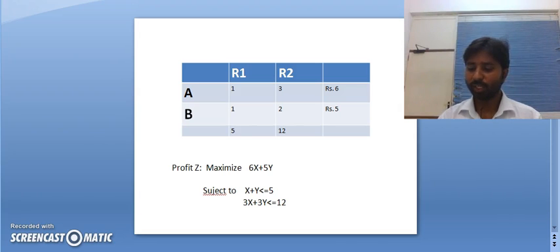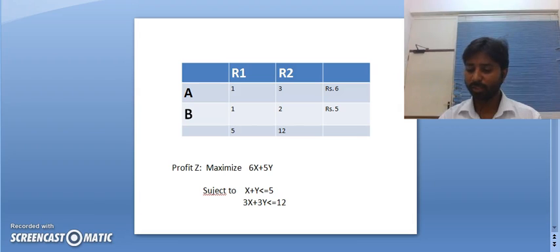Since each unit of A requires 1 unit of R1 and each unit of B requires 1 unit of R1, the total amount of R1 required is x plus y. What is available is 5. So x plus y should not exceed 5, or x plus y is less than or equal to 5.